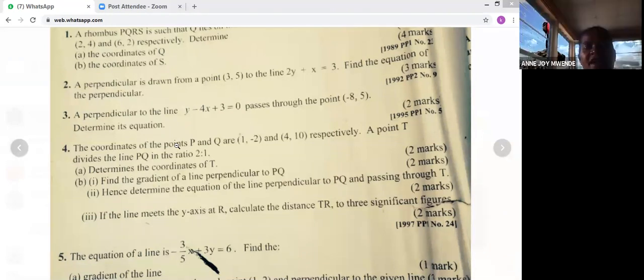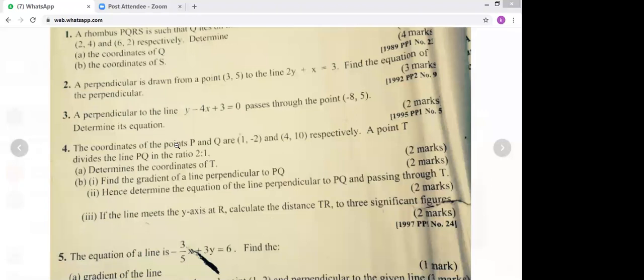We have number 4 there. The coordinates of the points P and Q, we have them there. P is 1, -2, and Q is 4, 10, respectively.